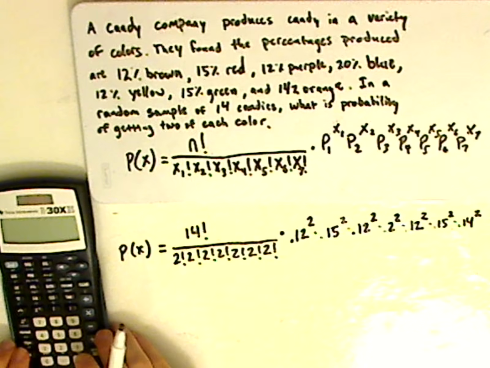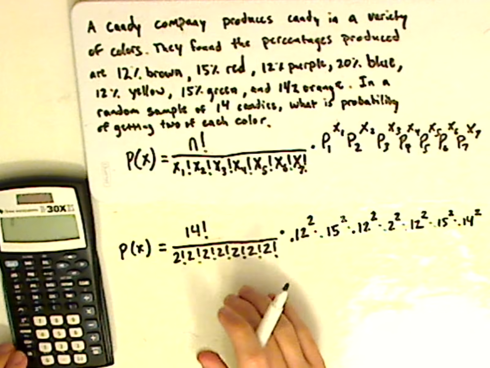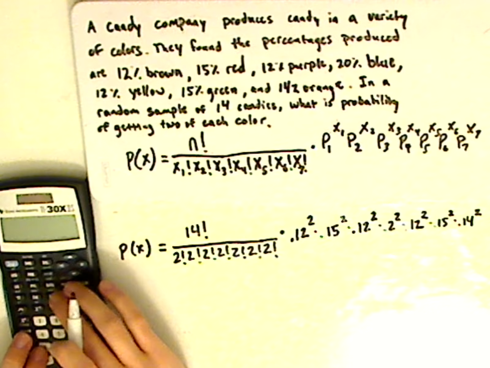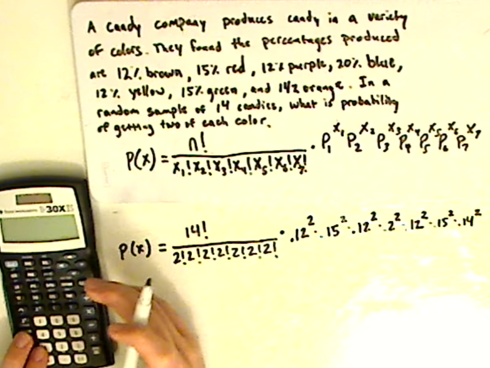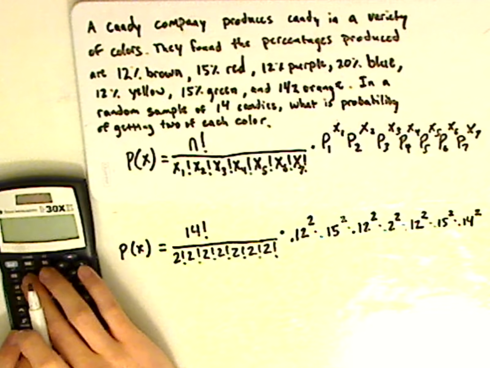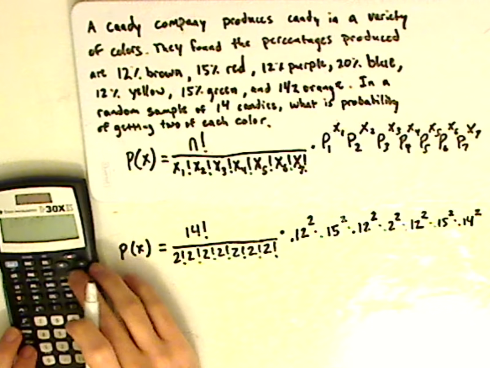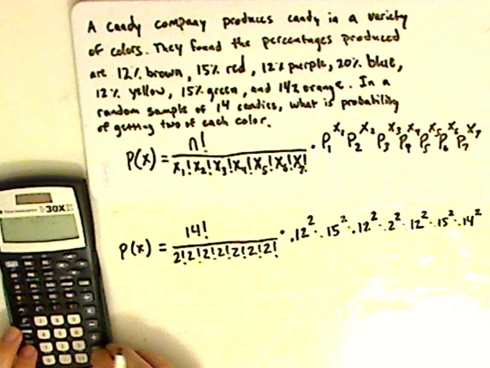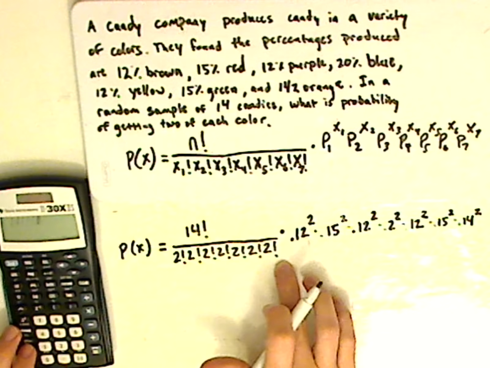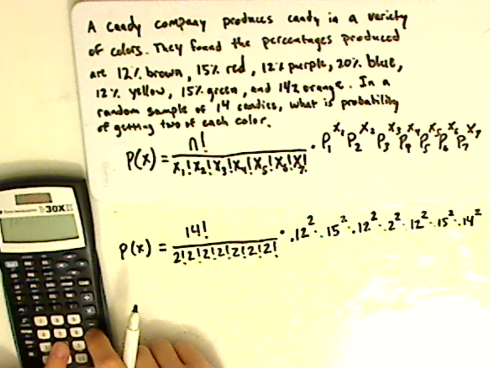All right. So to calculate this, you want to be careful when you're typing it into your calculator. Typically, the factorial is going to be under where the probabilities are, the combinations or permutations. They're going to be in the same location. So first start by typing in 14 factorial divided by, and I'm going to put all of this in parentheses. So 2 factorial.